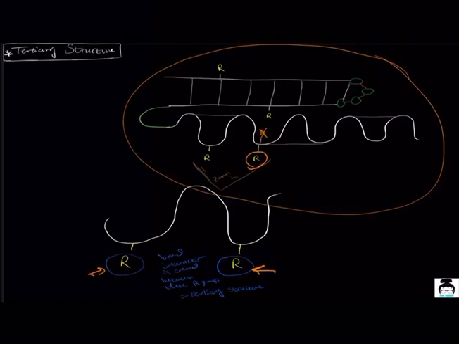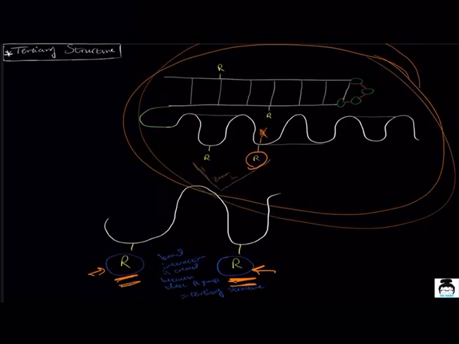Primary and secondary structures are two-dimensional. Tertiary structures are three-dimensional, and this is achieved by interactions between R groups. R groups interact with each other, allowing this whole thing to fold onto itself and form the tertiary structure.